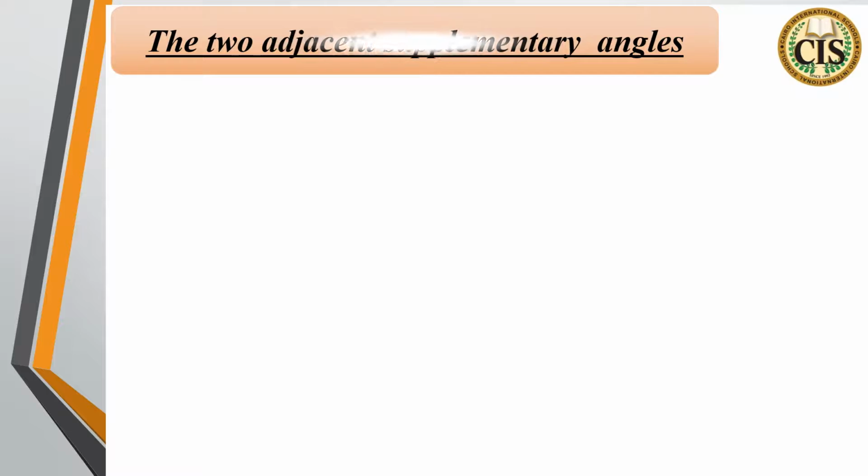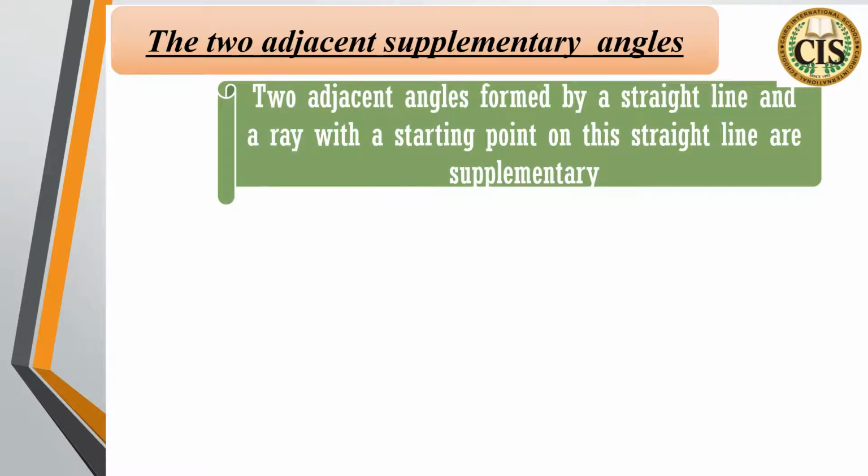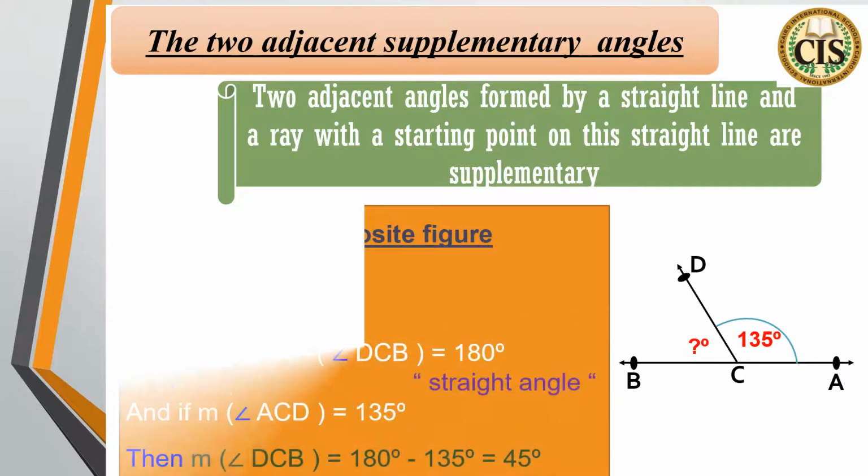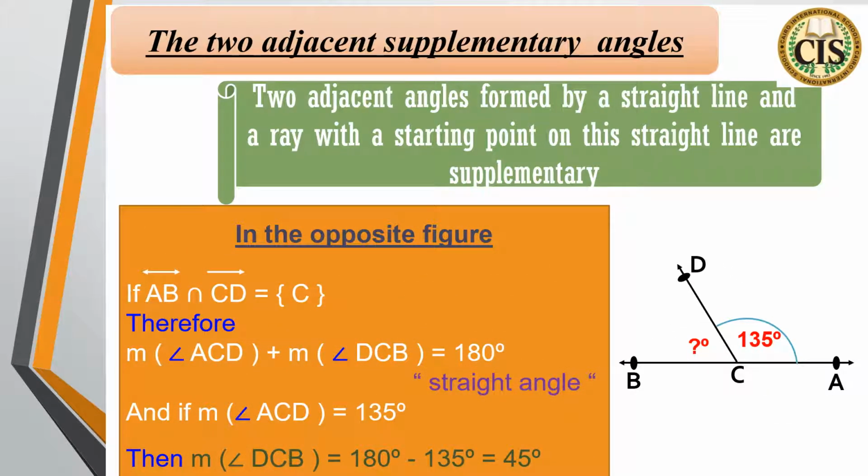Adjacent supplementary angles. The two adjacent angles formed by a straight line and a ray with a starting point on this straight line are supplementary. In the opposite figure, AB is a straight line intersected by CD, a ray starting at C. Therefore, measure angle ACD plus measure angle DCB equals 180 as a straight angle.